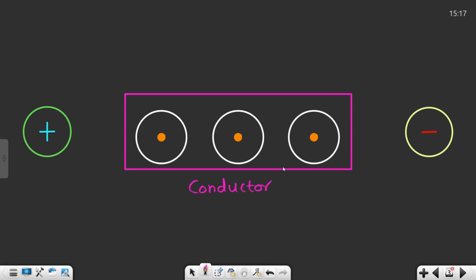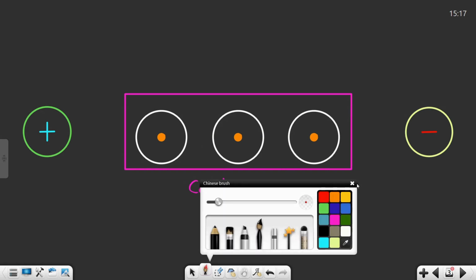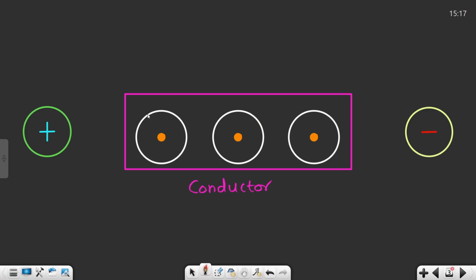As we had already seen, the outermost electrons are loosely bound in case of conductors, right? So even by providing certain energy to those electrons, we can extract them out of those atoms. I hope you all know all of these things which we have seen in the previous session. So let's proceed further.